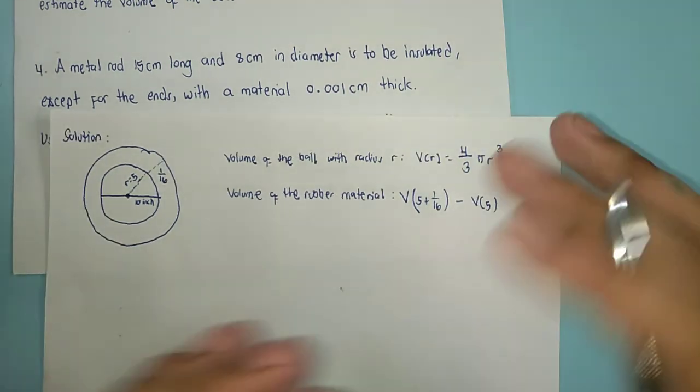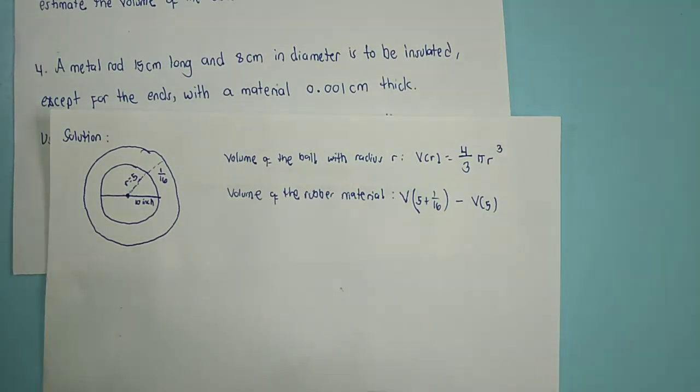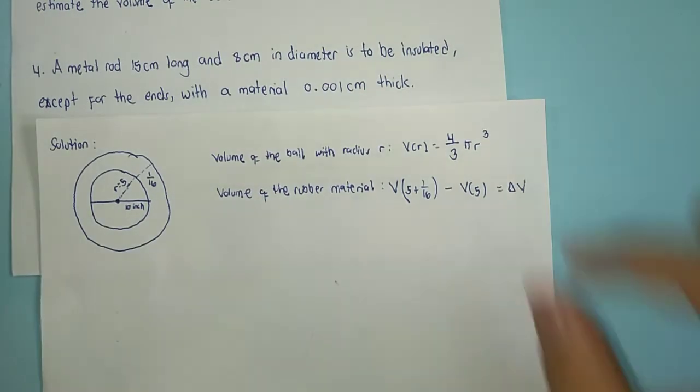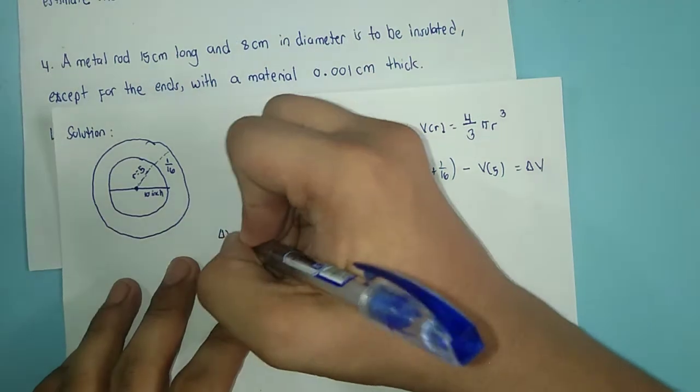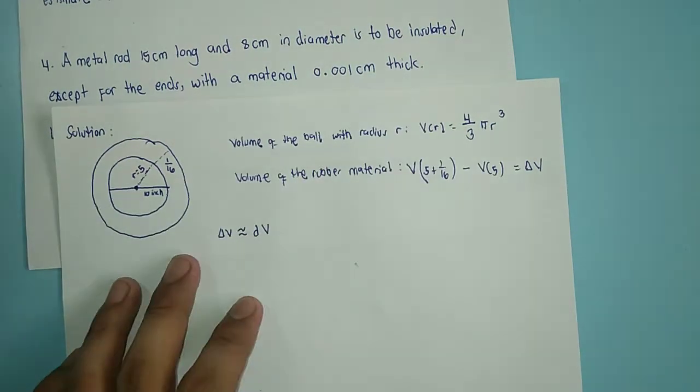Kasi halimbawa, ito yung bola, kinuberan natin siya. So, nagkaroon ng pagbabago doon sa naging volume. Okay? So, that is delta V. At ito yung i-approximate natin using differential. So, delta V approximately equal to dV.